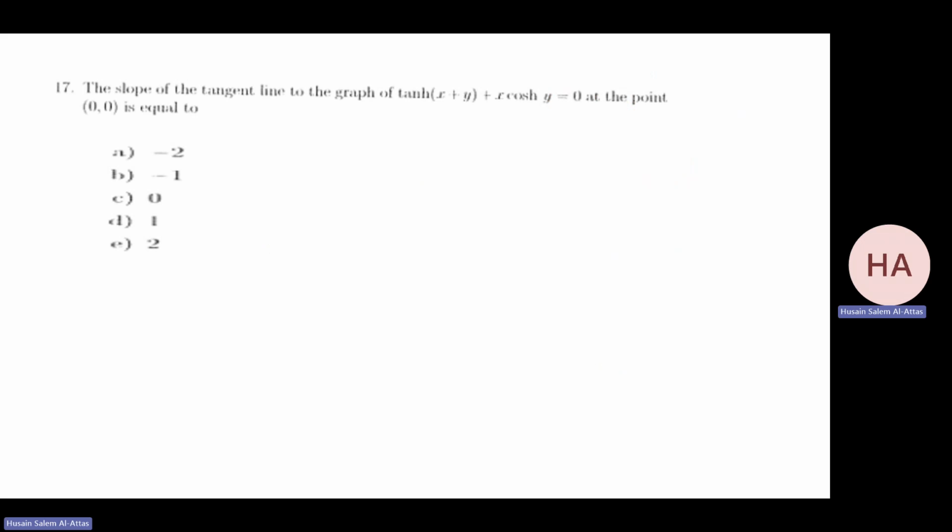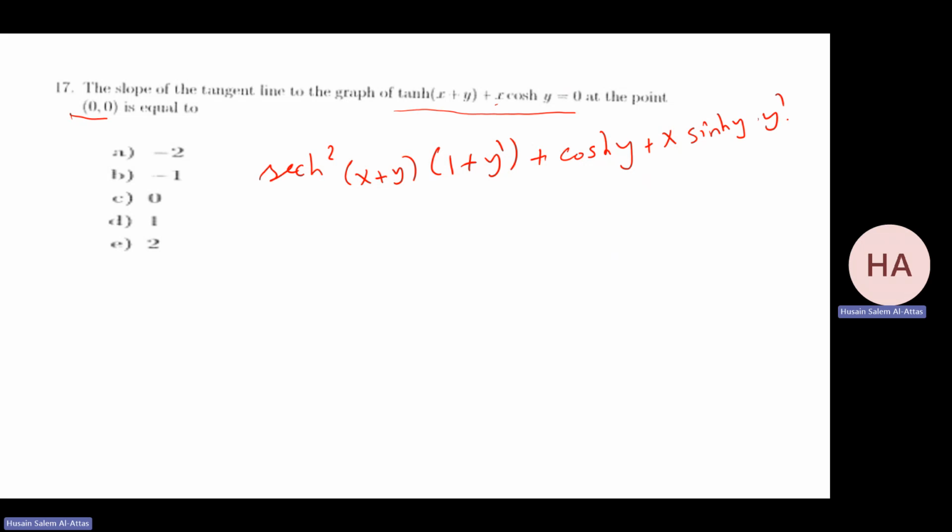Find the slope of the tangent line to the graph of this at the point (0,0). So what I need to do is implicit differentiation. Derivative of tanh means sech squared of (x plus y) times (1 plus y prime), plus the product rule: derivative of x is 1, so cosh y plus x sinh y times y prime, that should equal 0.